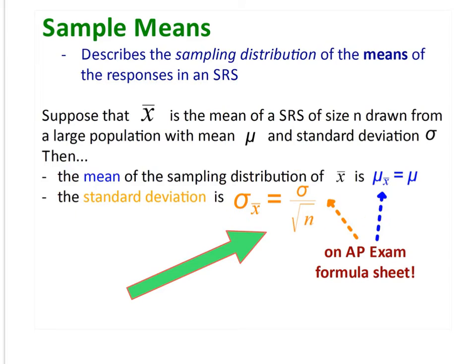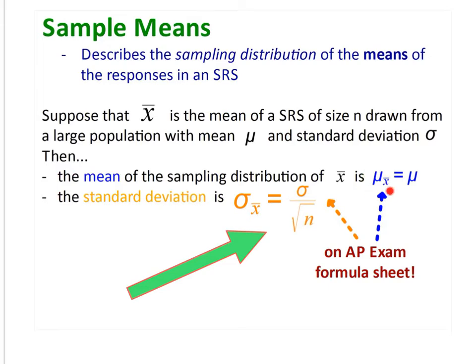So suppose that x bar is the sample mean from a random sample that we take from a large population, with mu as the mean and sigma as the standard deviation. The mean of the sampling distribution of x bar, the center or the average, is going to be centered at the true average of the population.